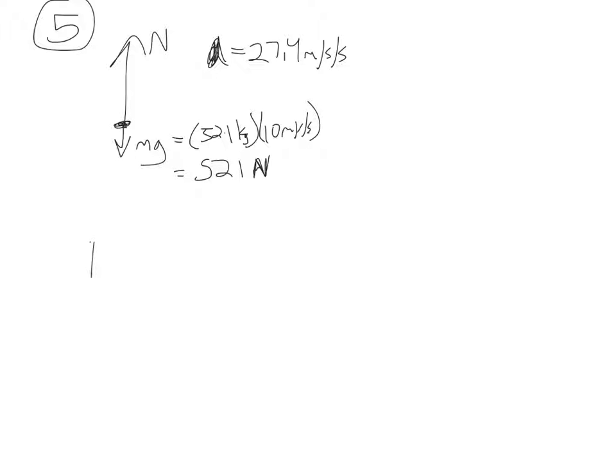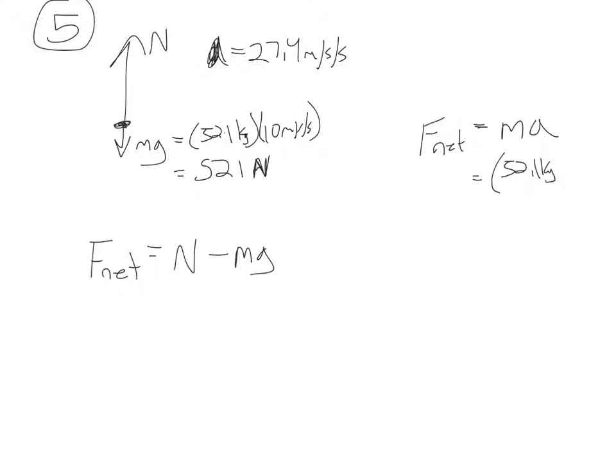Alright, so we need a net force, and that's going to be the normal force, which is pulling up, minus the weight, so minus mg, which we know. We also know Newton's second law, the net force is also equal to mass times acceleration.